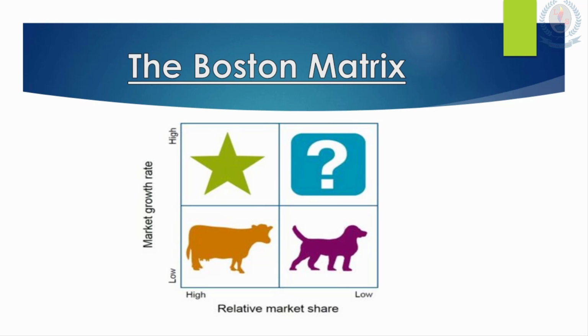Anyhow, you need to be familiar with these names because sometimes in your question paper, if they use the word growth share matrix, you need to keep in mind that it is the Boston matrix. They are similar names, okay?